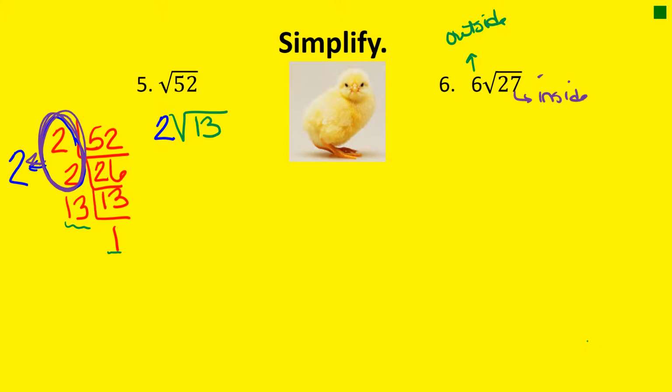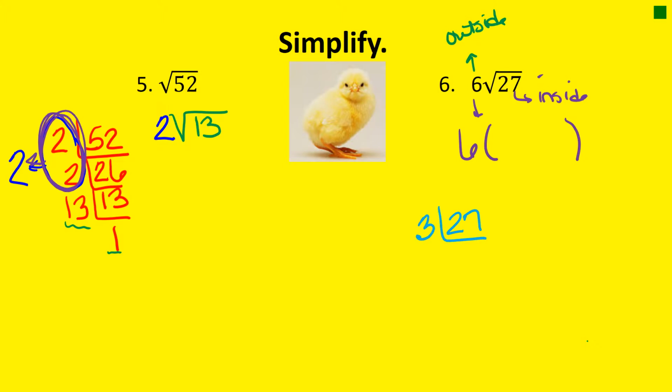But outside is waiting for you. When you get out of jail, you got to have someone pick you up. So outside we have this 6. He's waiting outside, and then I'm going to put parentheses. What I'm going to do is set it up for simplifying. So this 6 does not get simplified because it's not inside the radical. I'm going to go down here and do that upside down division with 27.